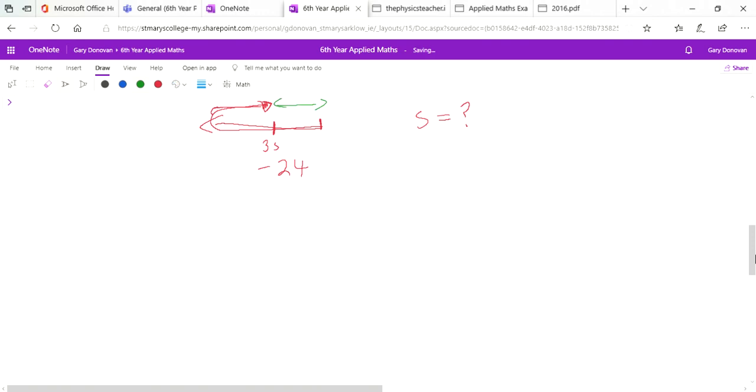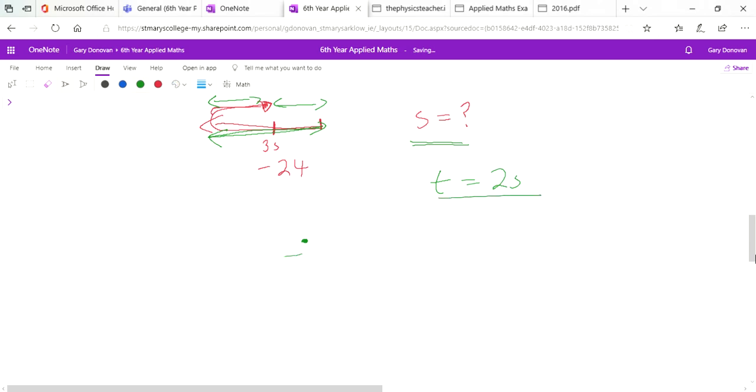It doesn't give us the total distance traveled, which will be the distance from here to here plus the distance from here to here. So we need to make sure we're aware of that difference between displacement and distance when we're doing this question. So what do we know? We know in the question that it starts at a certain point, and after 2 seconds it changes direction.